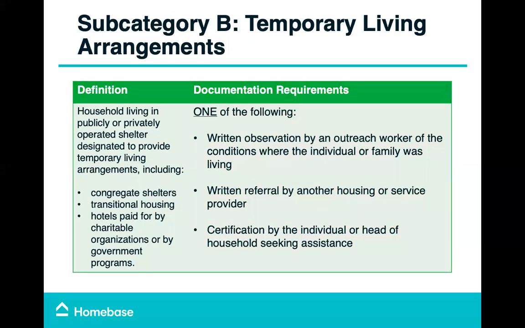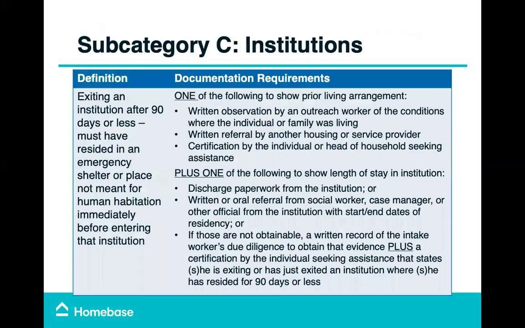Subcategory B has to do with temporary living arrangements. So again, this covers households living in publicly or privately operated shelters designated to provide temporary living arrangements, such as shelters.